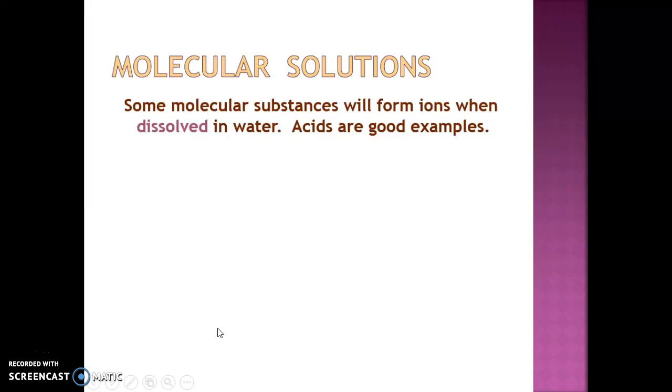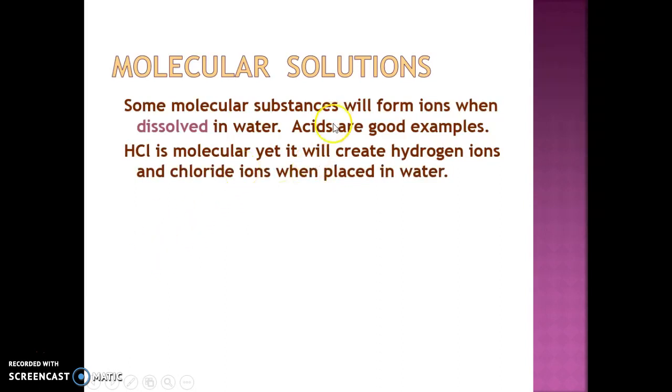However, there are a few exceptions. There are some molecular substances that when you dissolve them in water, they will form ions. Acids are an example of this. HCl is molecular. There are two nonmetals, and the electronegativity difference isn't enough to make it an ionic bond. However, you put HCl in water and you get hydrogen ions and chloride ions. So this process is a third process.